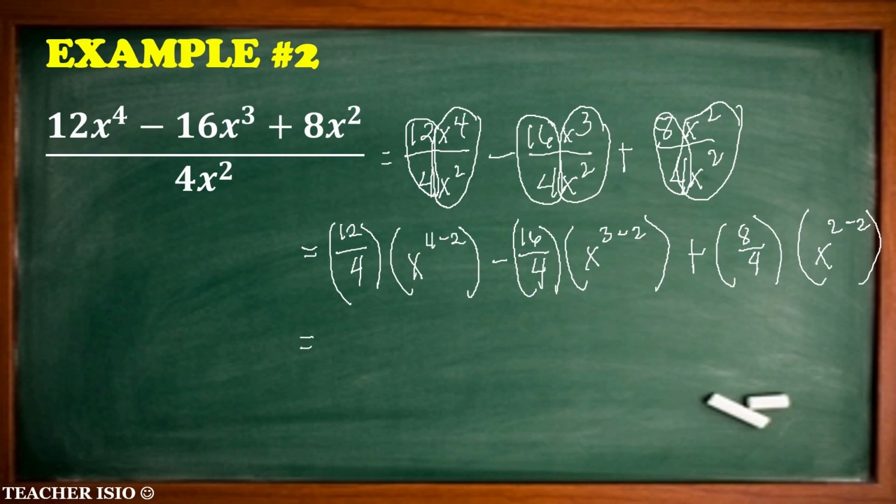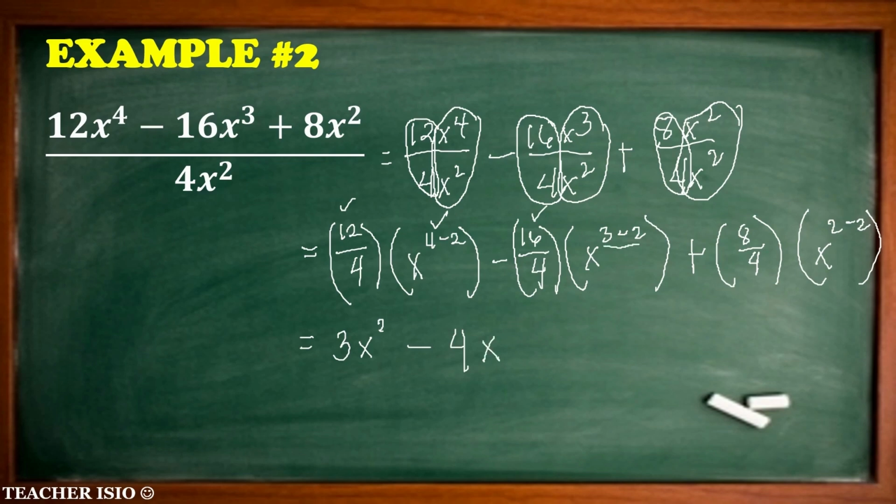So we have, what is 12 over 4? 3. Next, copy the variable x. What is 4 minus 2? 2. Let's continue. Minus, what is 16 over 4? We have 4. Copy the variable, which is x.